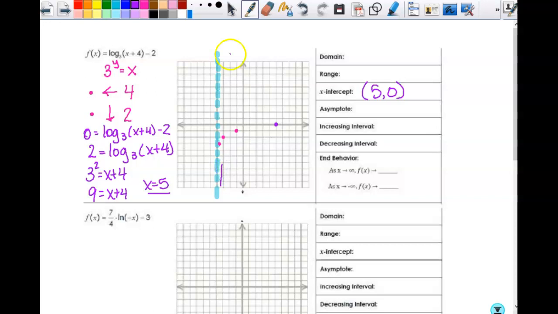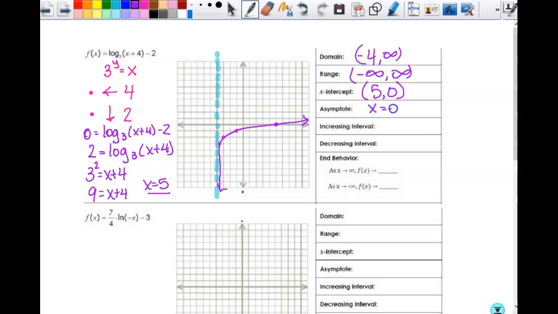I can draw this in. Ooh, a whole lot better than that. Let me go this way. That's a little bit better. All right, domain going from -4 to infinity. Range is going to go from -infinity to infinity.